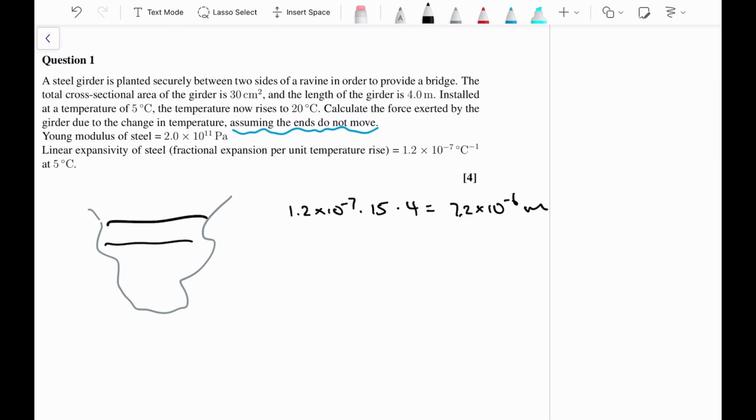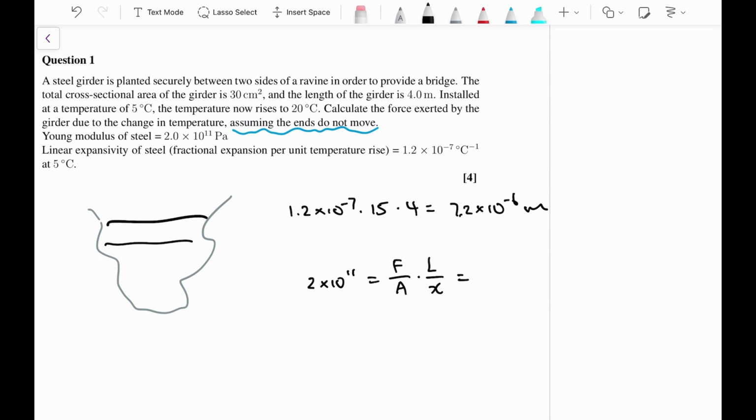What we have to do now is to calculate the force from the Young's modulus. So that is 2 times 10 to the 11 is equal to, I'm going to write down the formula first. So that's F over A times L over the extension. This is because it is equal to stress over strain, and the formula for strain is reversed as it is divided by.